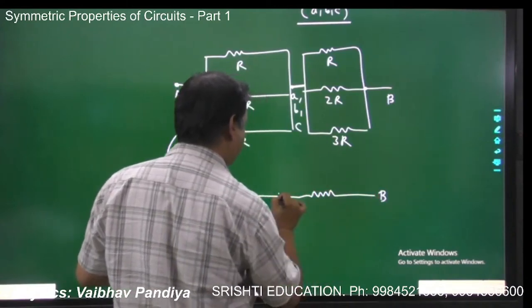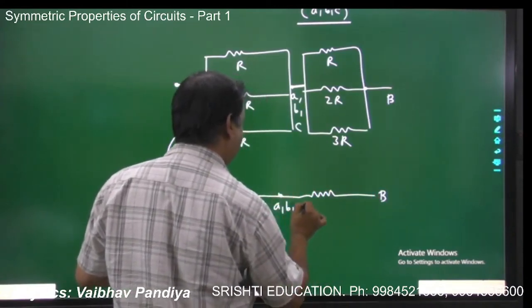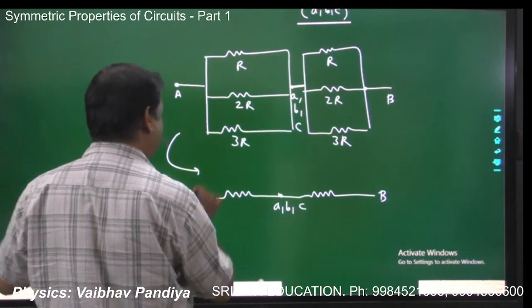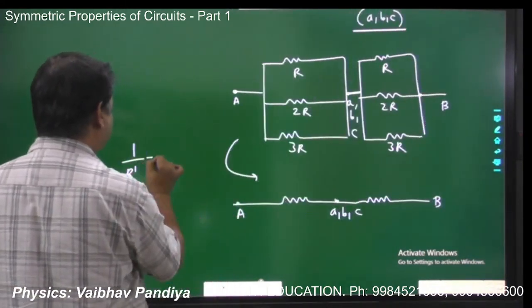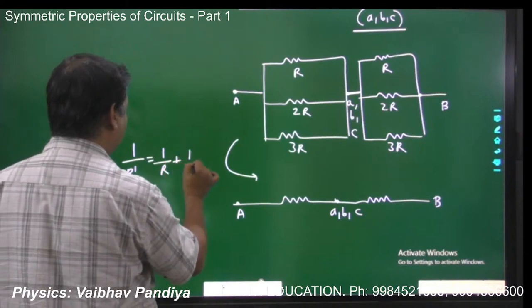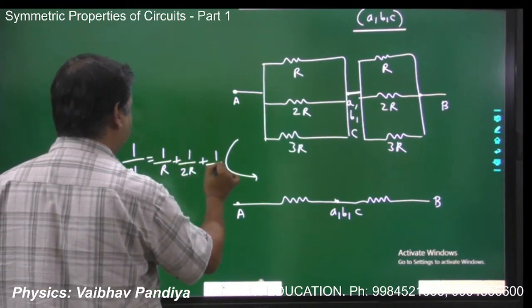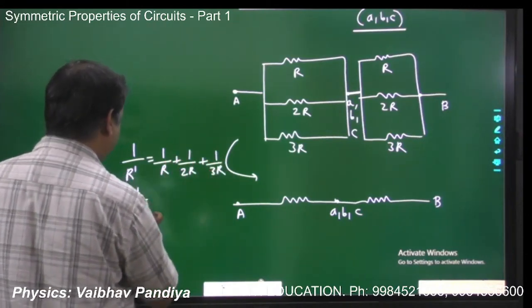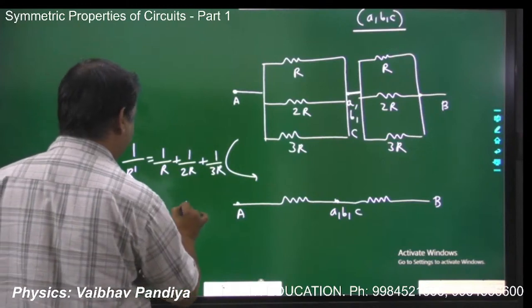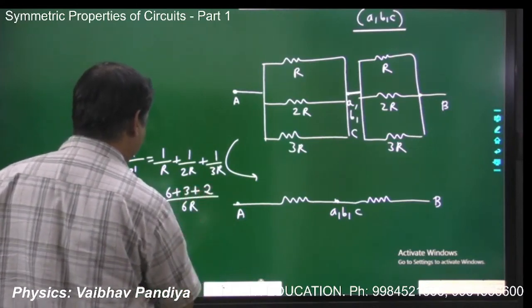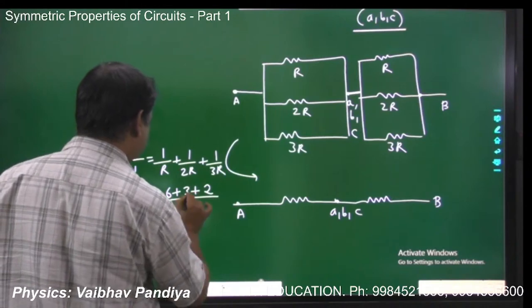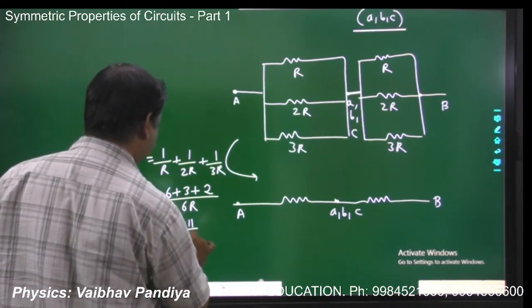Now I can make the equivalent figure. This is point B, this is A, B, and C, and this is point A, and these three are connected in parallel. So if R dash is the equivalent, I'll get 1 by R dash equals 1 by R plus 1 by 2R plus 1 by 3R. As the LCM will be 6R, we'll get 6 plus 3 plus 2, so 1 by R dash will come to be 11 by 6R.